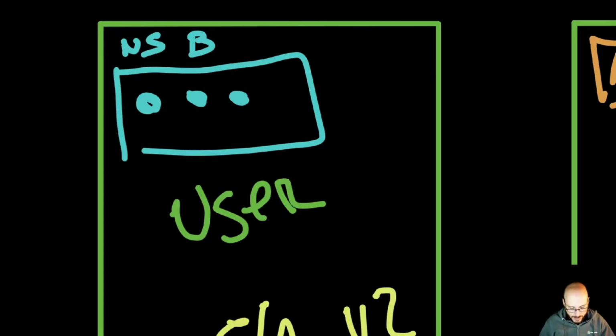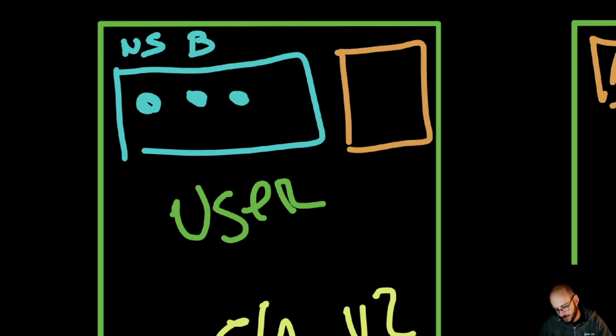If we look at the other application, I have a second namespace, which is my second namespace for application A, and then I have little A pods running there. I can now ensure that my workload in that specific namespace has the resource quotas that it needs to run properly.